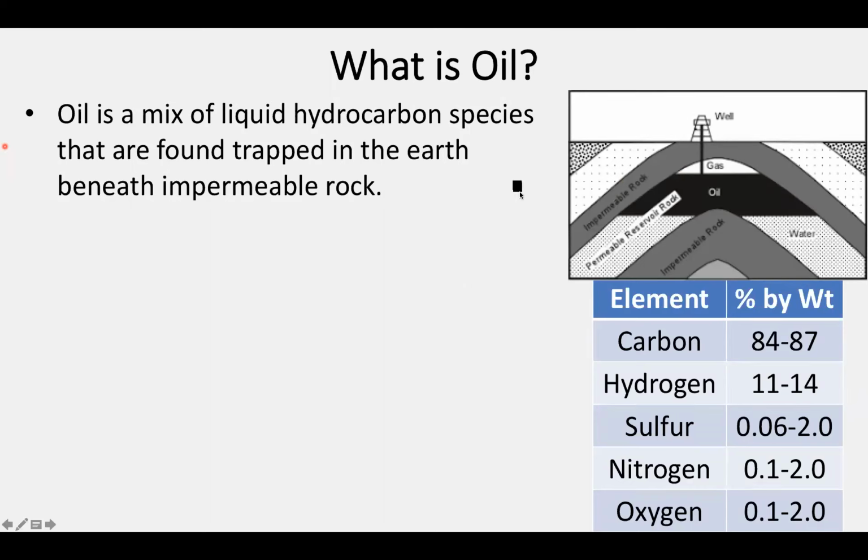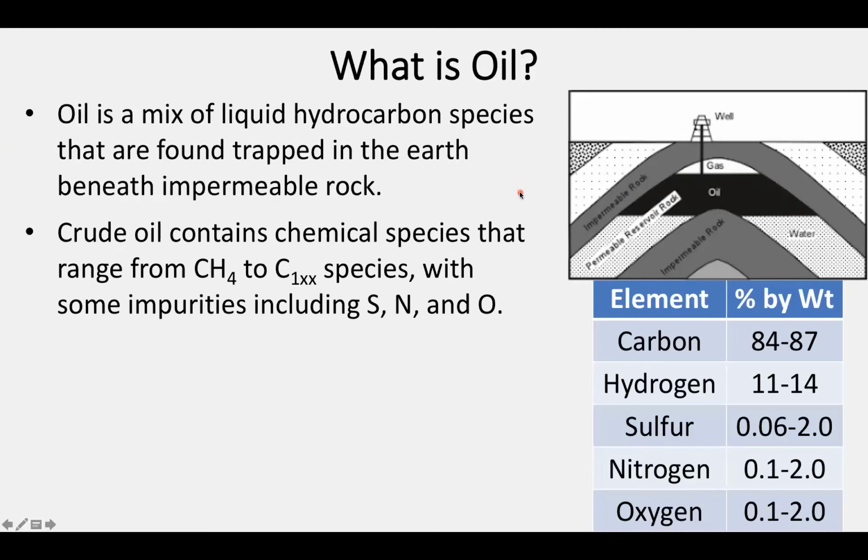What we really care about, however, is going to be the composition. Oil has a wide array of composition, but it's predominantly composed of carbon. This is the classic species, and it can be found in chains that go from methane all the way to C120 or even bigger.